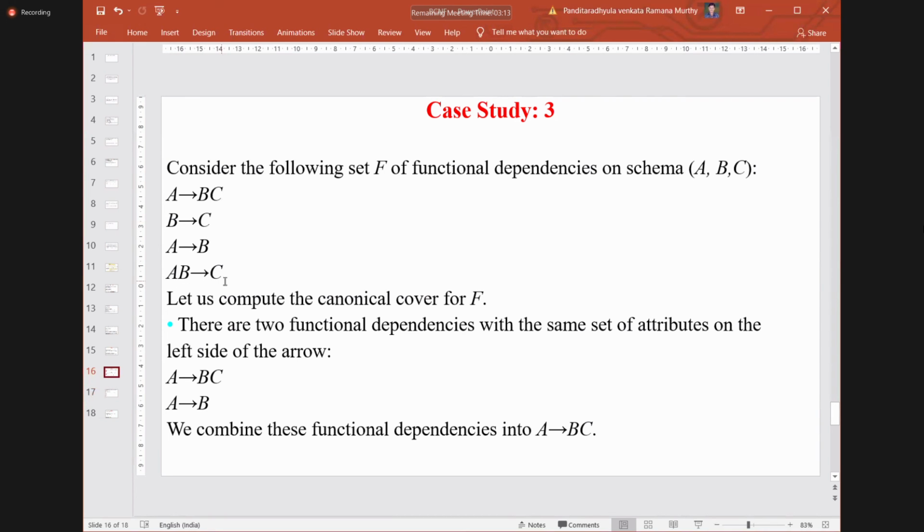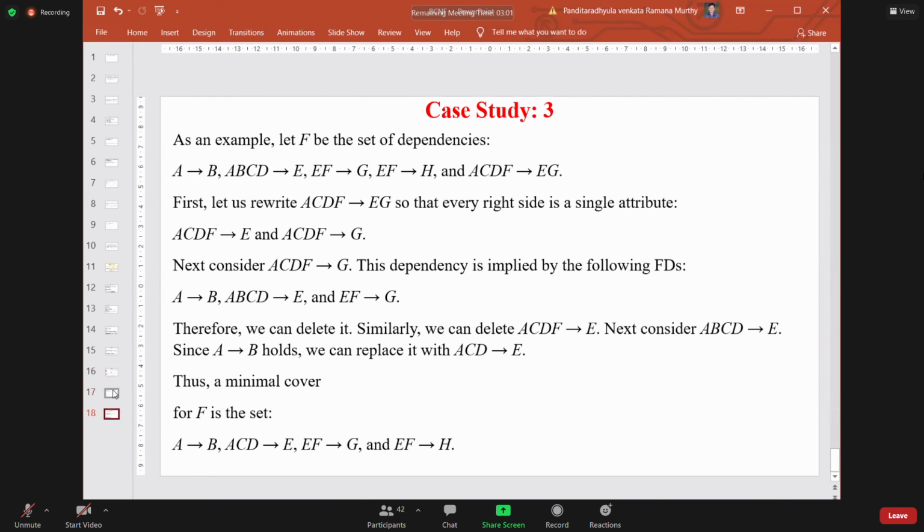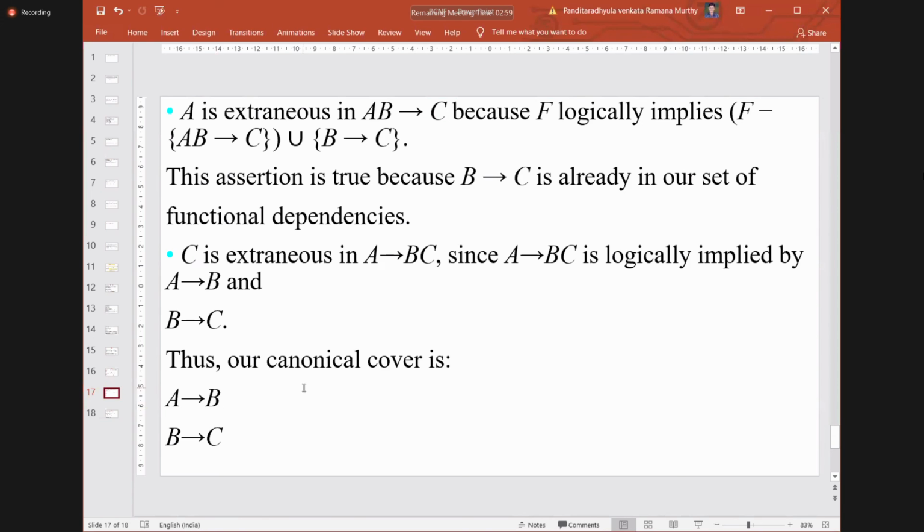B derives C and AB derives C can be combined. A derives BC and A derives B can be combined. If you identify this, you can hold one rule and remove the other. If you remove the other rule, the given canonical cover is reduced to A derives B and B derives C. Additional rules and duplicate rules are removed.